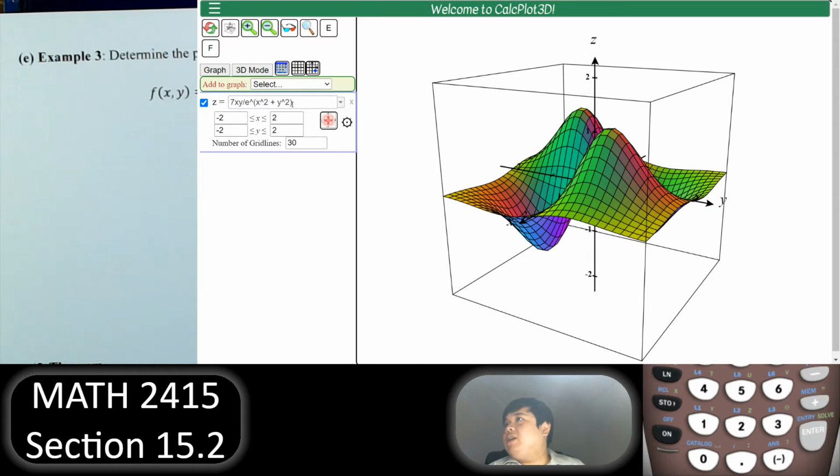Alright. That's better. Sorry, I have to switch to something else. This is called CalcPlot3D. Alright. That's what we have. So Google doesn't work for that example.